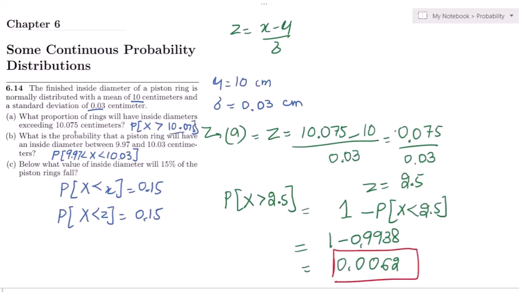This is the solution of part A. In part B, what is the probability that a piston ring will have an inside diameter between 9.97 and 10.03 centimeters? This is given here.